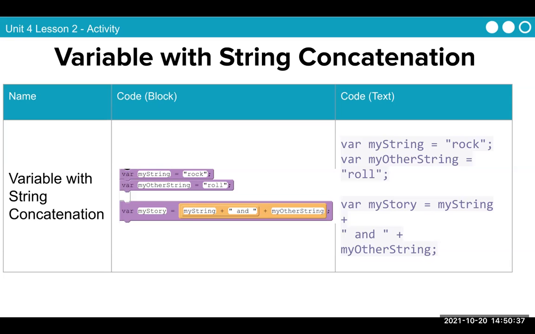We create the variable myStory, and that gets myString plus quotation mark space and space quotation mark plus myOtherString. So what that is going to do is put together myString, myOtherString with the word and. So it's going to be rock space and space roll, because rock is myString, space and space is here, and then roll is myOtherString.